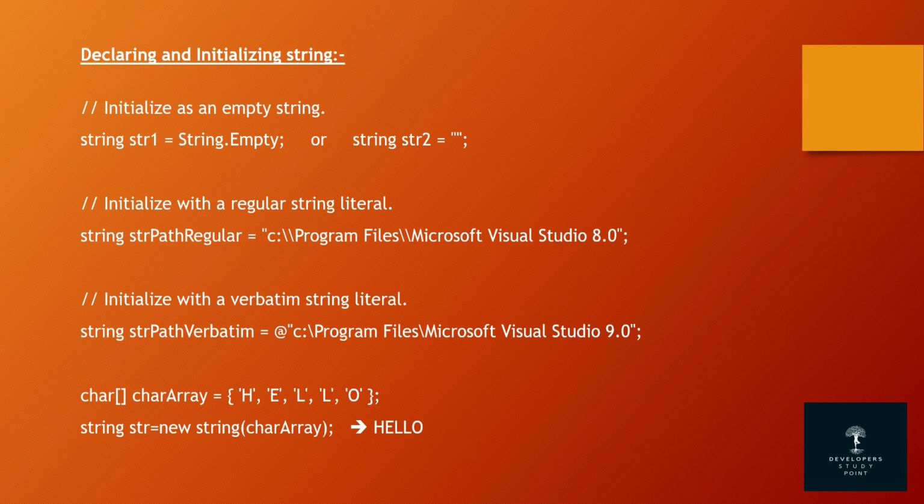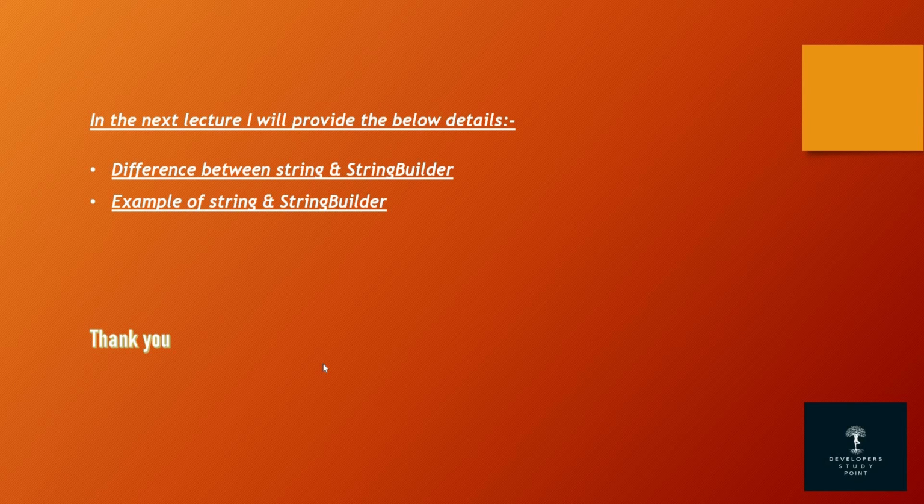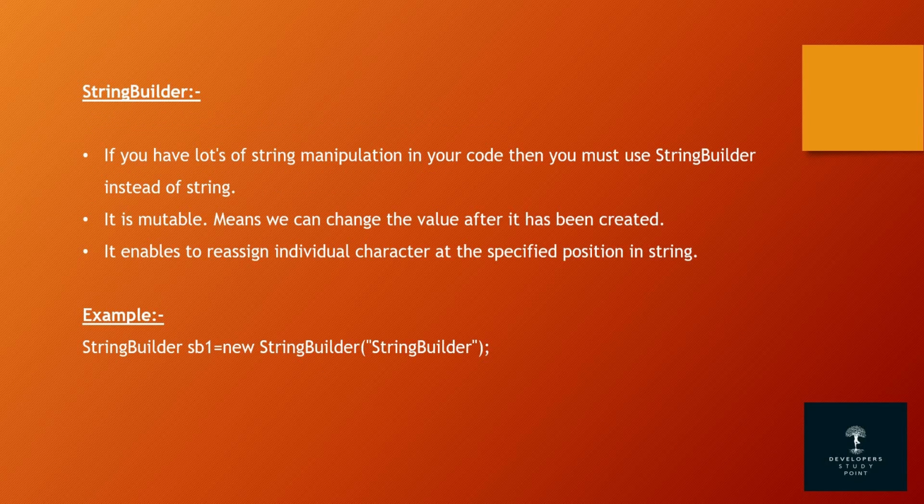Okay. Now moving on to the next part. The next part is about StringBuilder. Why are we using StringBuilder? Because it's mutable. It means when we assign a value to it, we can change the value after it has been created while using a StringBuilder. Why are we using it? If you have lots of string manipulation in your code, then you must use StringBuilder rather than a string, because it's easy to manipulate the string here.